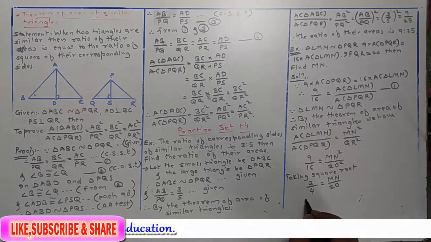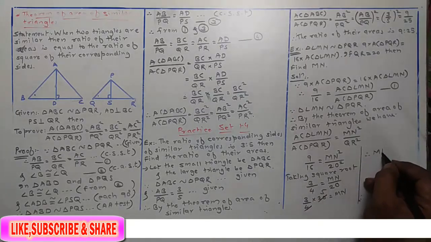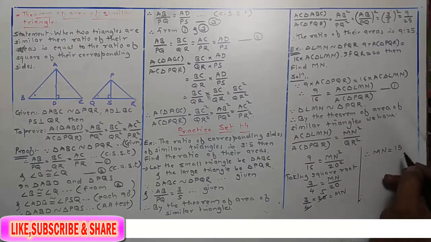Okay, now this 3 upon 4, this 20 is in division, on left hand side it comes in multiplication, is equal to MN. 4 5s are 20, and 3 5s are 15, and therefore MN is equal to 15.